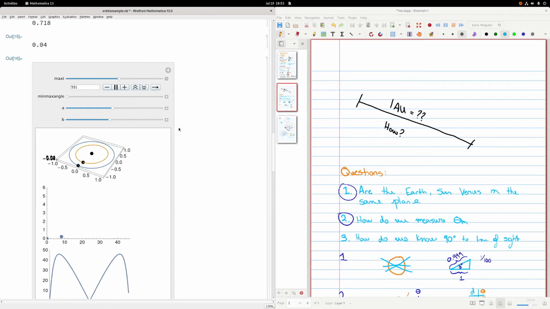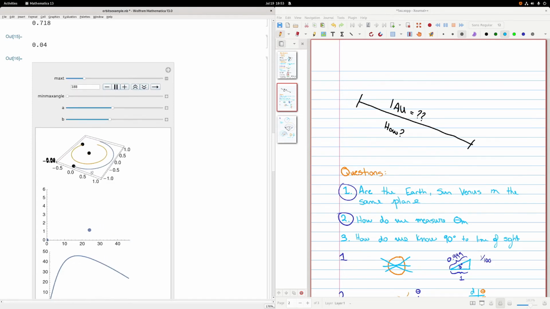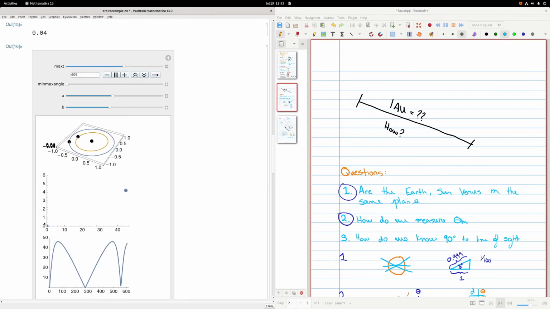So to scale, I have put Earth and Venus orbiting the sun. From the point of view of the blue line, this middle plot here is showing how it's going to move in the sky relative to the sun, which I have here at 0, 0.